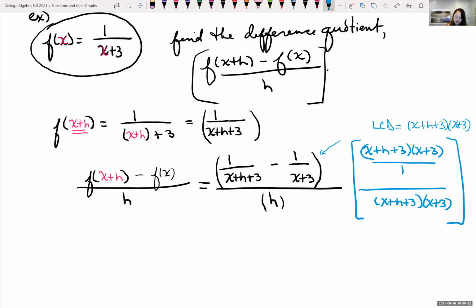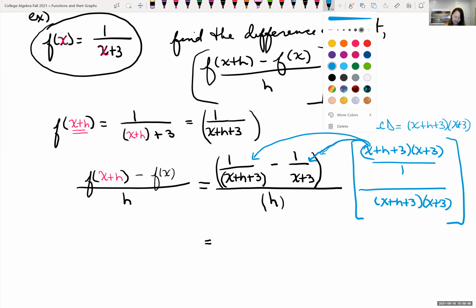So we have to distribute this to each piece in the numerator. And when we do that, the fraction is going to go away. When we distribute it to the first piece, that x plus h plus 3 goes away, just leaving you with x plus 3.